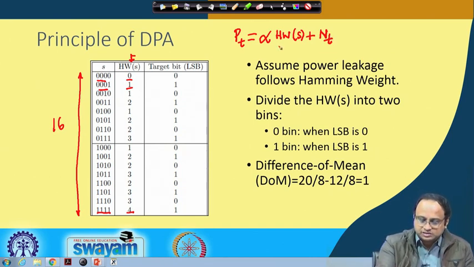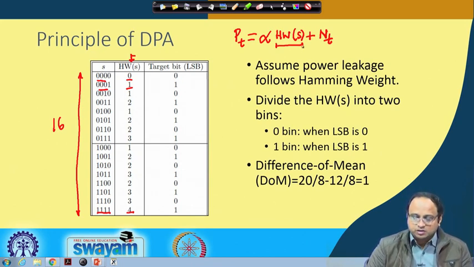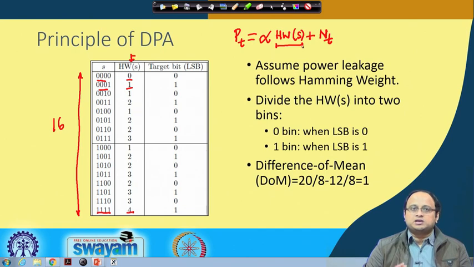This is essentially what I mean by the power model, and you can virtually simulate a power model using this. But in a very simple setting, assume that the Hamming weight represents your power model. That means when the Hamming weight is increasing, I expect the power will be more, and when the Hamming weight is less, I expect the power will be less. So this is a very simple setting.